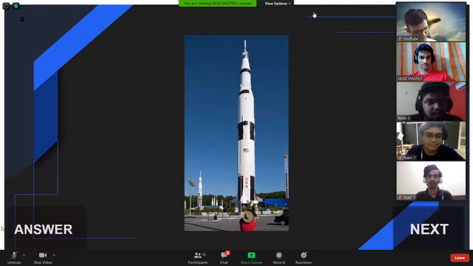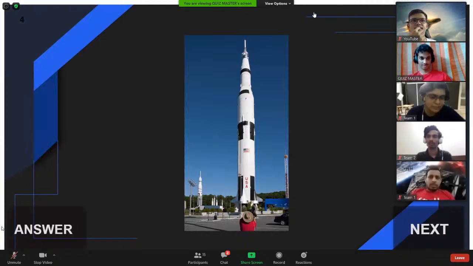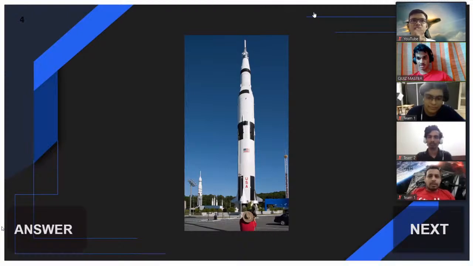Before we go on, I'm just marking your answers on my grid here, which I will show you shortly. Give me a sec. Vignesh asks whether team 2 got the rewards for the points. Yes, team 2 did answer the Saturn 5, so they get plus 15 points.